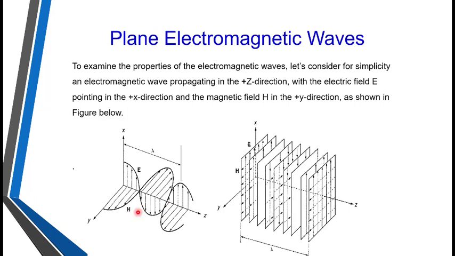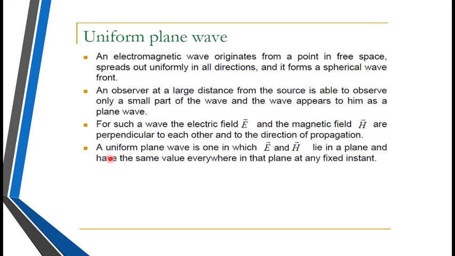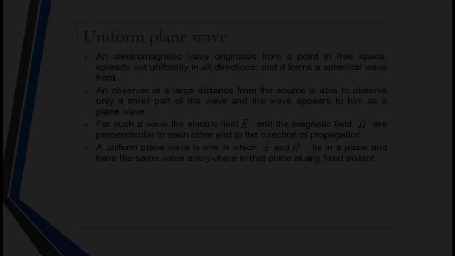Okay, so if this wave is moving in space towards the z direction, it looks like a circular omnidirectional wavefront, because this E field and H field are rotating at every half cycle. An observer at a large distance from the source is able to observe only a small part of the wave, and the wave appears to him as a plane wave. So it is called a plane wave. Plane wave means like this.